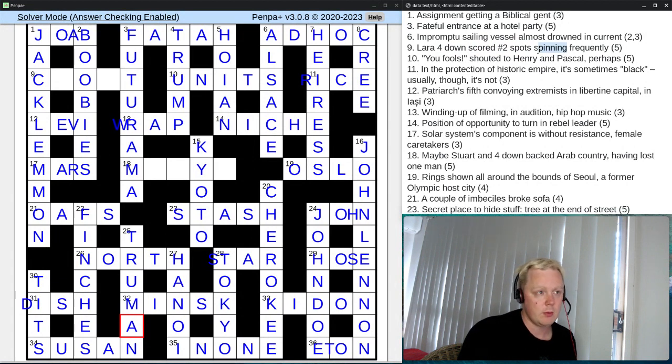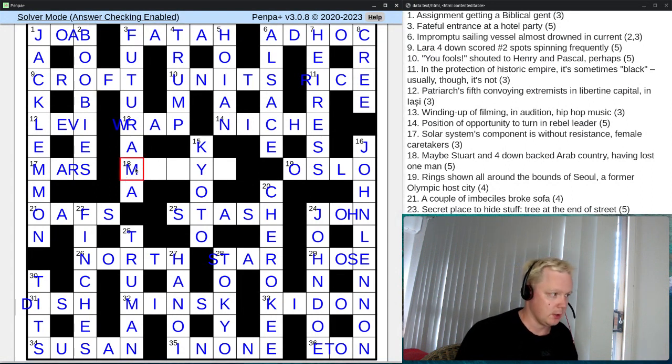That spinning would give CR, so RC backwards, and then frequently is oft. Now frequently can be an indicator of taking regular letters, but here it's just the word oft. And CR plus oft is Croft, and Lara Croft is a character from the Tomb Raider games.